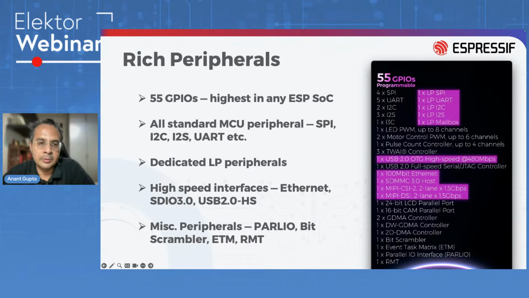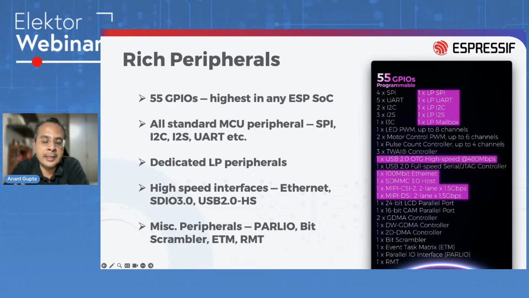These help you enable ultra low power use cases, which means you can do all these monitoring tasks and some simple processing in the LP core and only wake up the HP core when really needed. Then we have some high-speed interfaces like Ethernet, SDIO 3.0, and USB 2.0 high-speed.